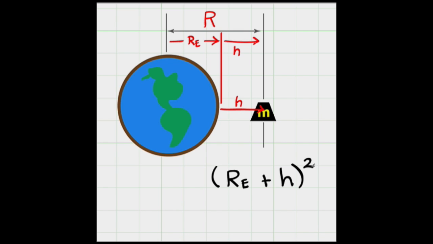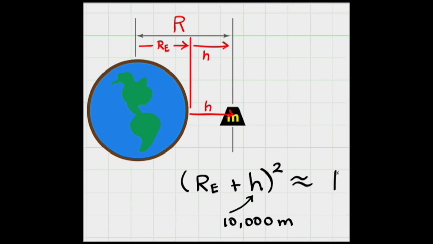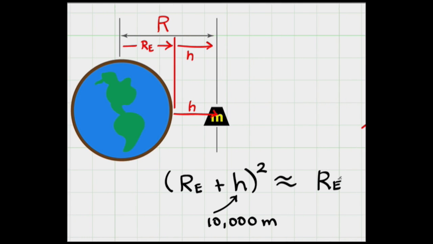when I take that and square it, for any small value of h, say less than 10,000 meters, or 40,000 feet, within about 0.3%, this will equal the radius of the Earth squared.